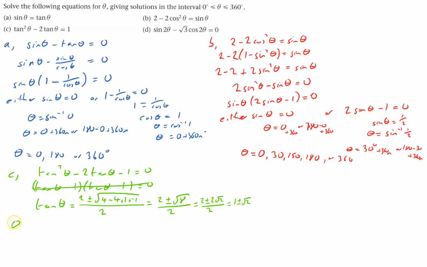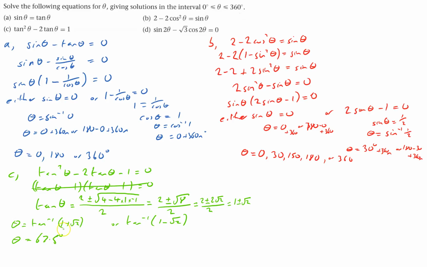And so theta equals tan to the minus 1 of 1 plus root 2, or tan to the minus 1 of 1 minus root 2.